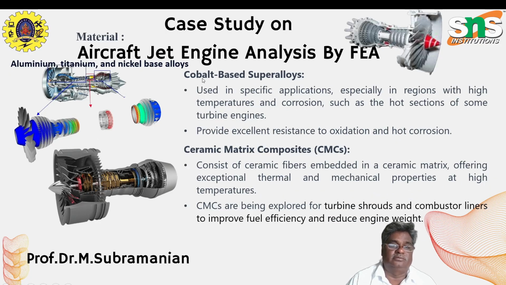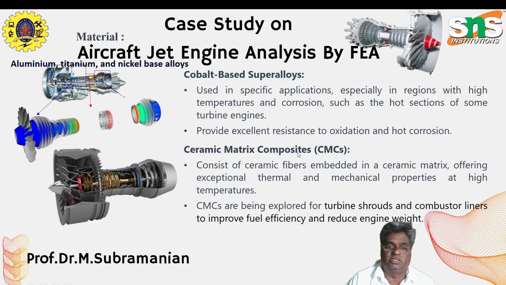Another material used in aircraft engine components is cobalt based superalloys and ceramic matrix composite materials. Cobalt based superalloys are used in specific applications in regions of high temperature and corrosion, such as the hot section of some turbine engines. They provide excellent resistance to oxidation and hot corrosion.